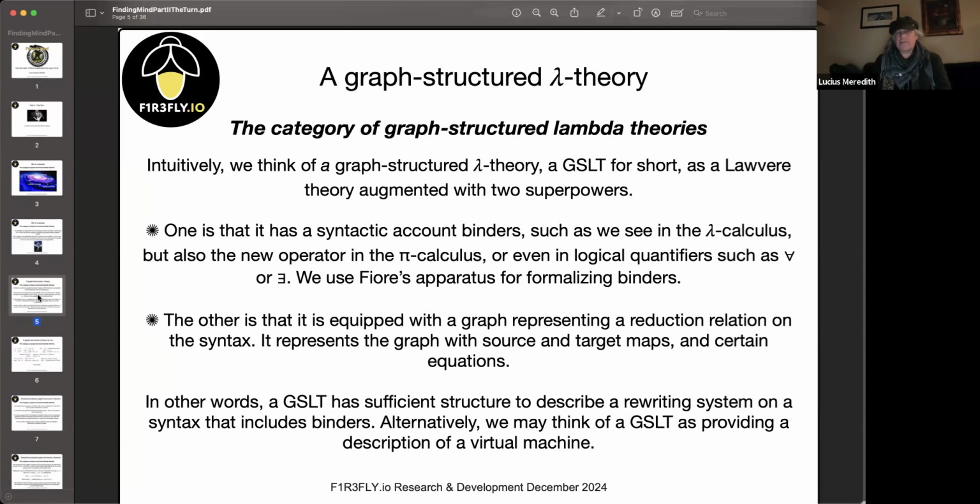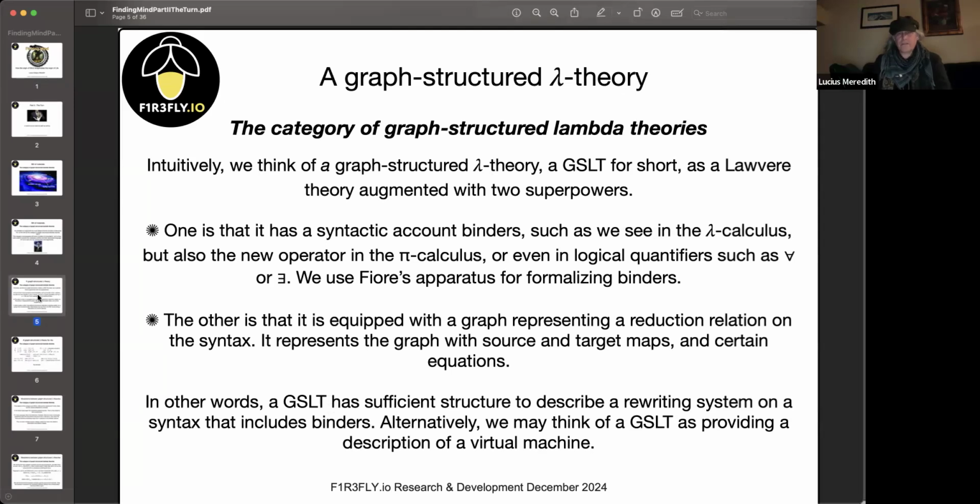And so that's the lambda theory part of graph structured lambda theories. So this is not necessarily a lambda calculus or different flavors of the lambda calculus. It's just that we now have the ability to have bound variables, and to do all the mishigash about alpha equivalence and all of that stuff is factored into one nice place, and that's Fiore's apparatus.